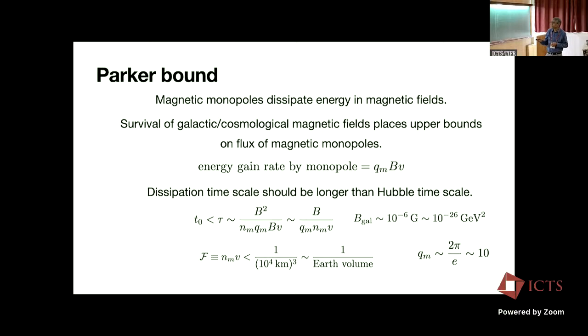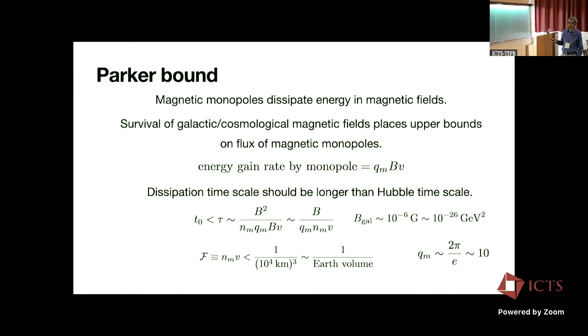So the survival of the galactic or cosmological magnetic fields places upper bounds on the flux of magnetic monopoles. You can do a simple estimate as follows. The energy gain rate by the monopoles is just the force times the velocity. So Q_M, the magnetic charge, times the magnetic field times the velocity tells you the rate at which a monopole gains energy by being in a magnetic field.